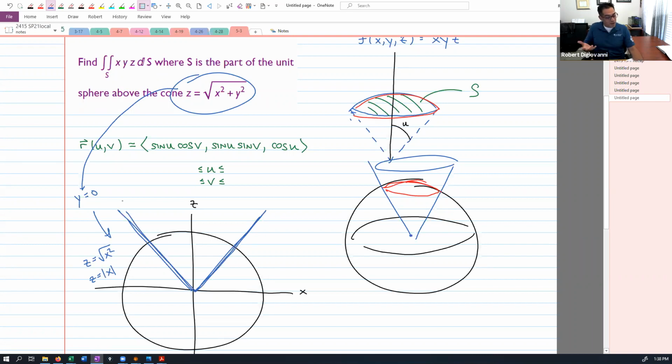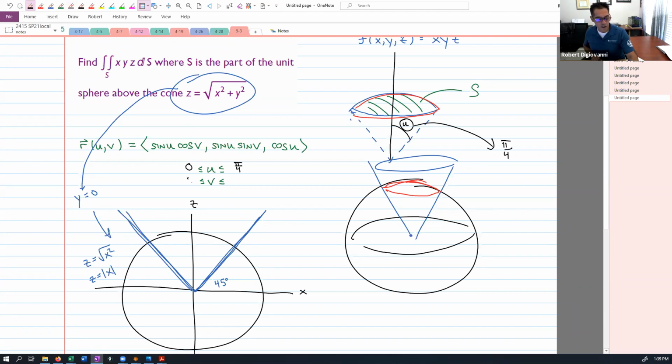But we should all be comfortable with the fact that if this is absolute value of x, then this is 45 degrees, right? And so we wanted to know what was that angle over here coming down? What was that u? Well, it's 45 degrees or pi over 4. And that's important because we need to restrict our u between 0 and pi over 4.